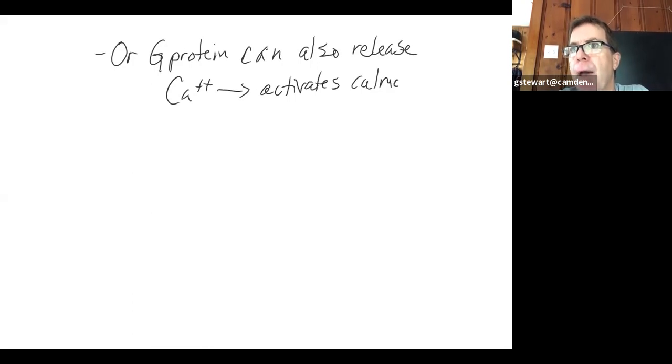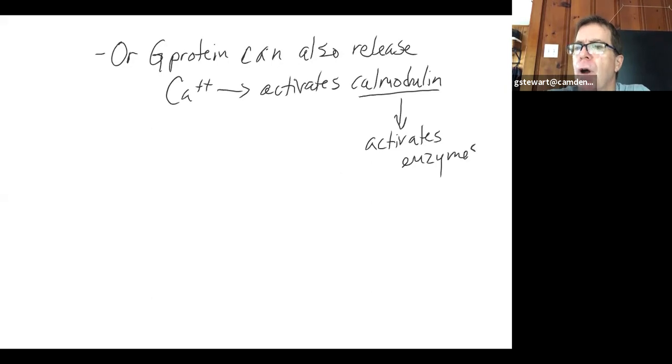We talked about that protein when we discussed smooth muscle cells. And then calmodulin is a calcium binding messenger protein, which then activates enzymes. So there's other second messenger systems.